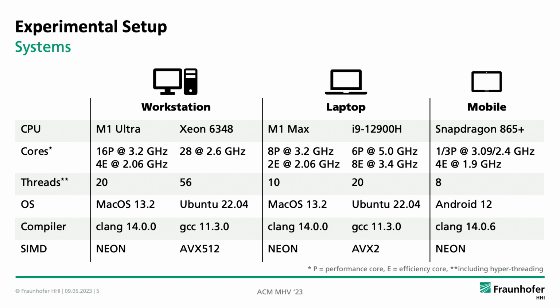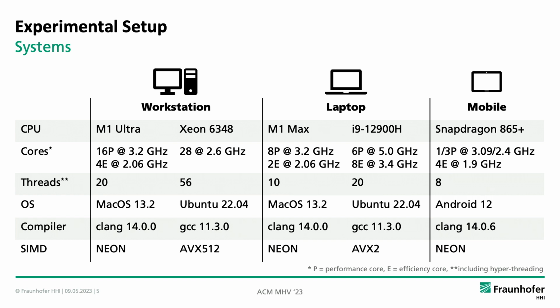So the x86 representative system in that category is a Xeon Gold CPU. It has 28 cores, and with hyper-threading offers 56 threads. The OS on which we run the test is macOS 13.2 and Ubuntu 22.04. Compilers are listed here.